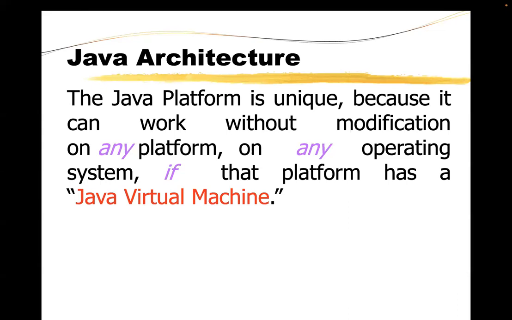Right, therefore the Java platform is unique because it can work without modification on any platform, on any operating system, if that platform has a Java virtual machine. That is why Java code is portable. Therefore, without any modification, you can run it on any platform, on any operating system, if the platform has a Java virtual machine installed.